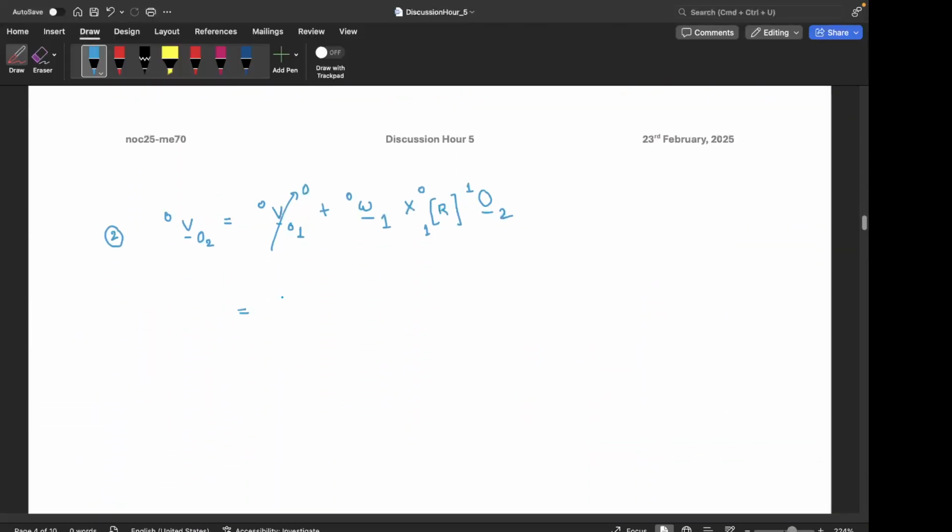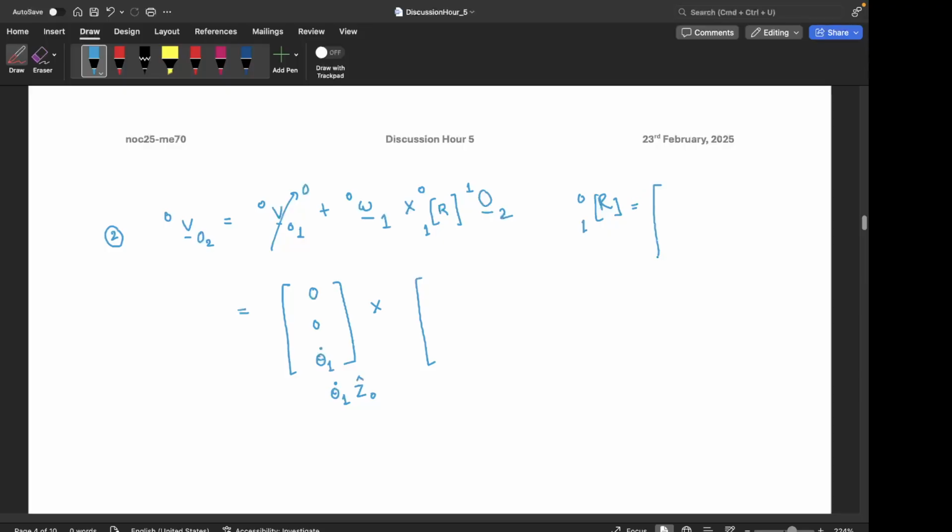So this will be 0 0 theta 1 dot, right, and you can also write this as theta 1 dot z0 cap, cross with, now what is the rotation matrix from 1 to 0?